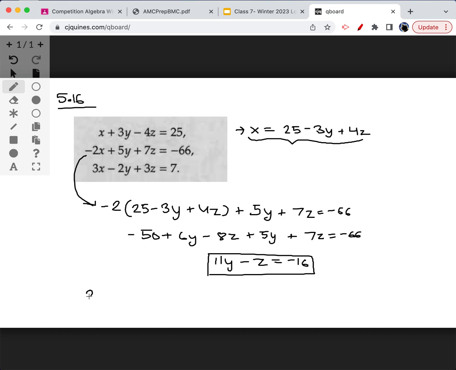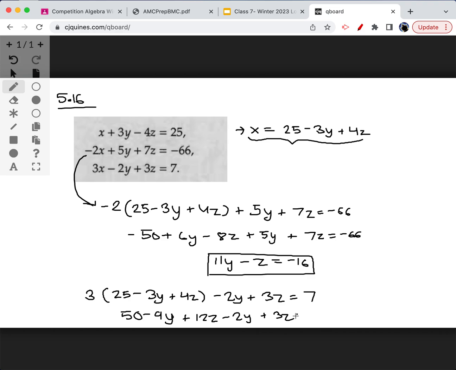So this is what we get when we substitute our value of x into the second equation. And then if we substitute our value of x into the third equation, we can get this expansion. Which, if you expand once again, you get 50 minus 9y plus 12z minus 2y plus 3z is equal to 7.